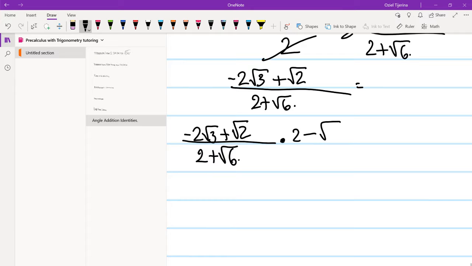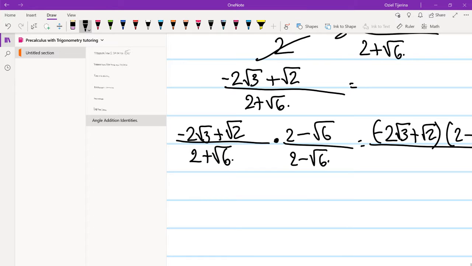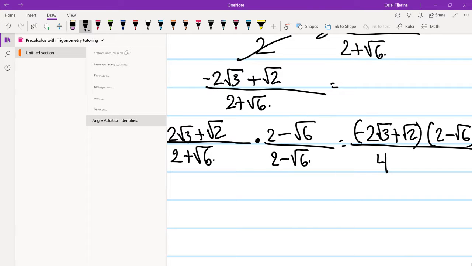So then you would say negative 2 square root 3 plus the square root of 2 times 2 minus the square root of 6 over 4 minus 6, because it's like saying a squared minus b squared equals a plus b times a minus b.